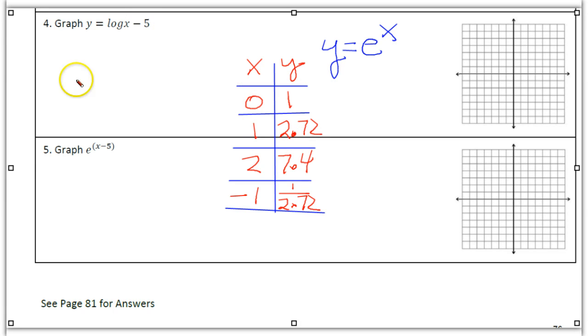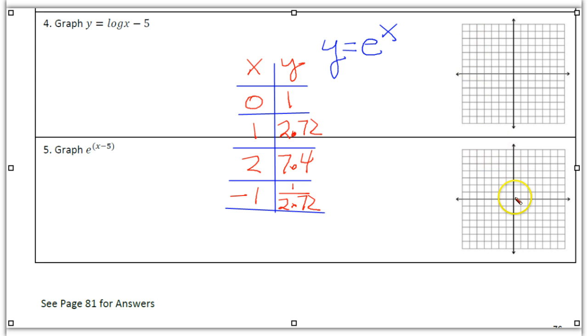Now they tossed in something a little tricky here, because they're asking you to graph this, but this is not in a logarithmic form. This is exponential form. So basically it's y equals e to the x power. Again, we want to see what our basic shape is like.